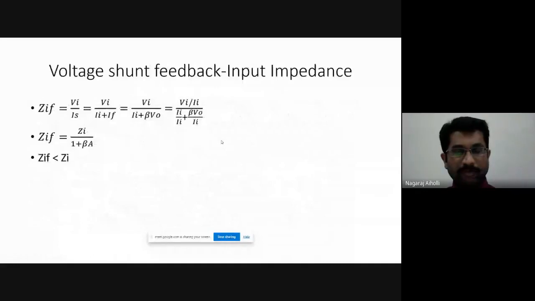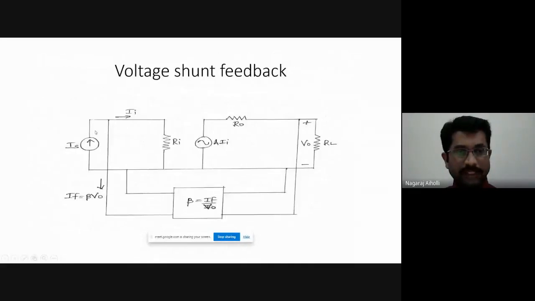So we have the voltage shunt feedback amplifier. The input current source Is, Ii, Ri is the input resistance. V naught is equal to A Ii, because A is equal to V naught by Ii, that is, the gain without feedback. Then the output resistance is R0 in series with the voltage source, then the load resistance RL.